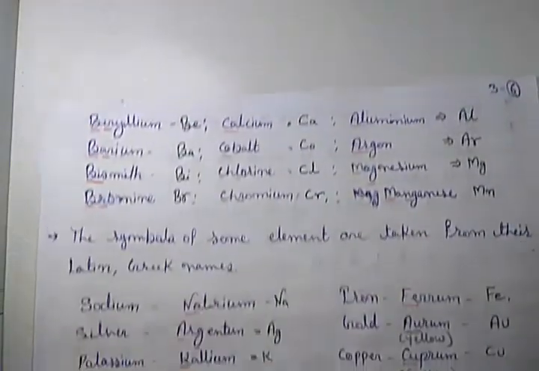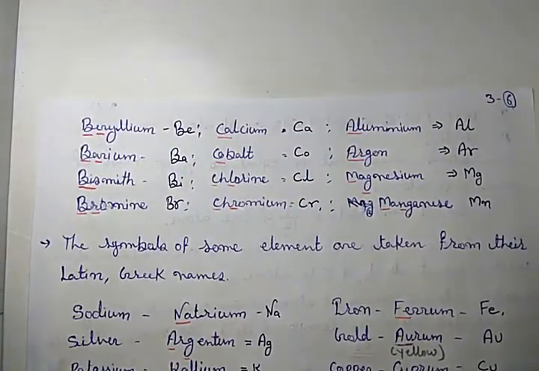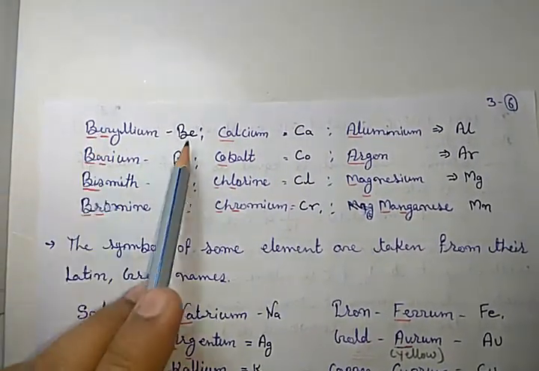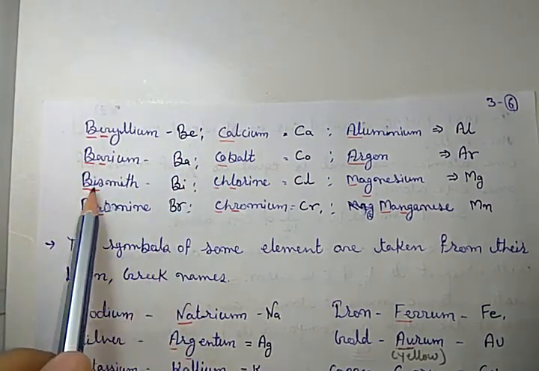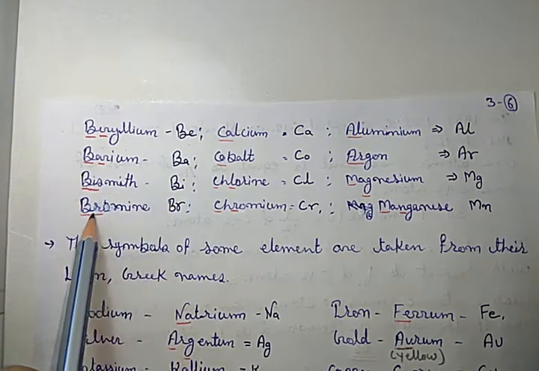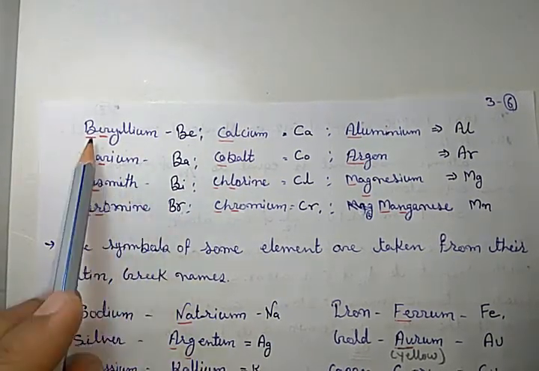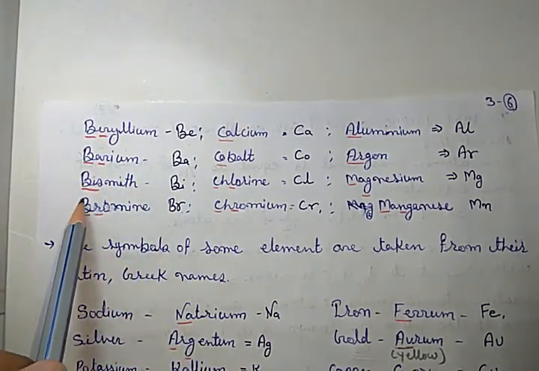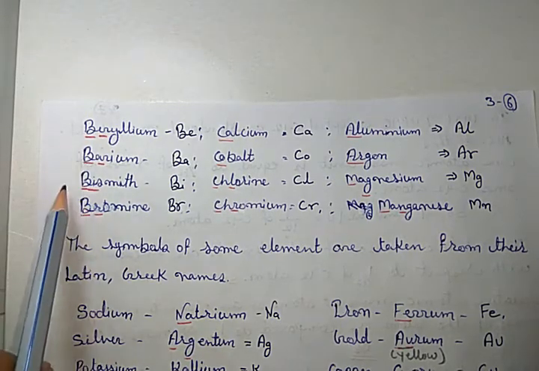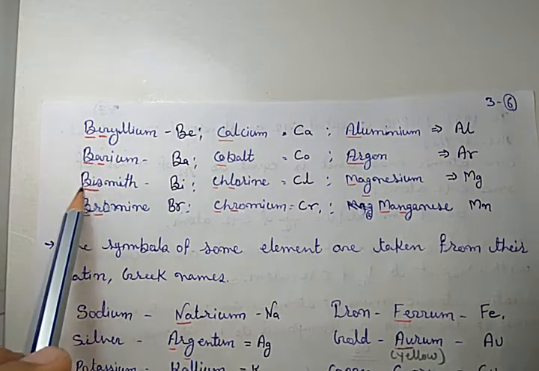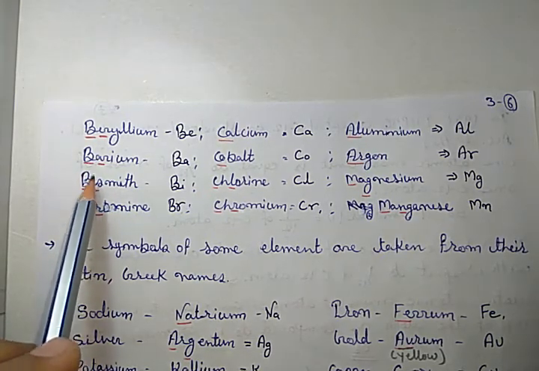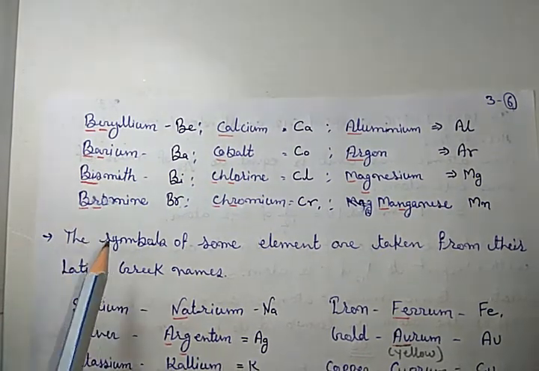For example, beryllium Be, barium Ba, bismuth Bi, bromine Br. All of these start with B. So here the first and second letters are selected.